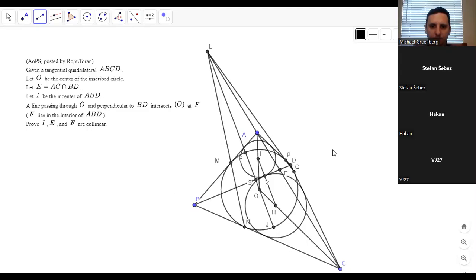So now, can we prove that ACEL is harmonic? Let's see. That looks like something that shouldn't be very hard to prove. Yeah, I wonder if we can use polars for that, because we know LFGJ is harmonic, right? Because G's on the polar.